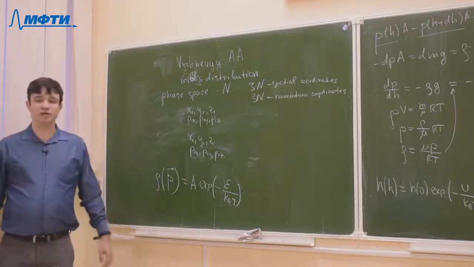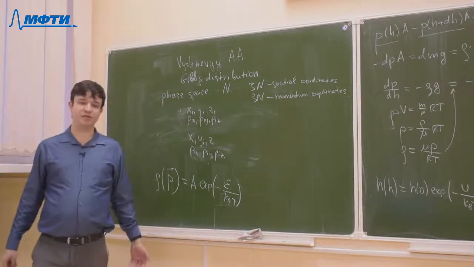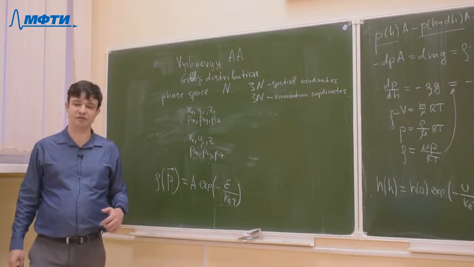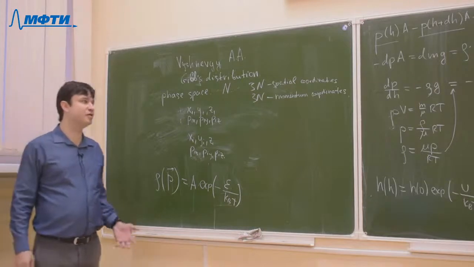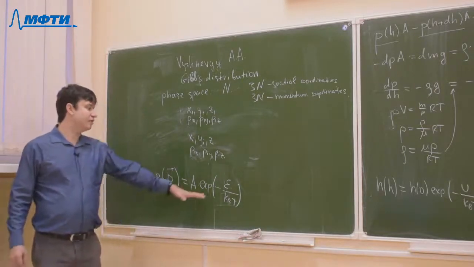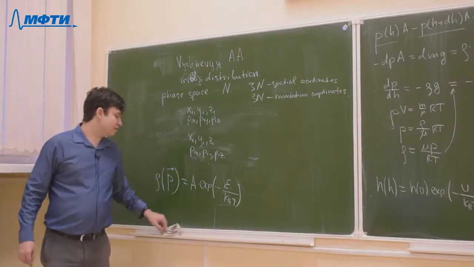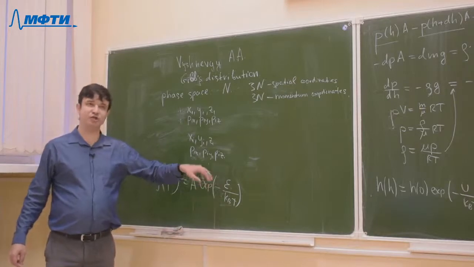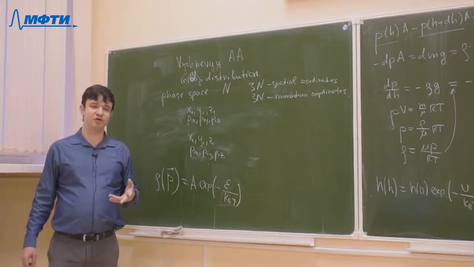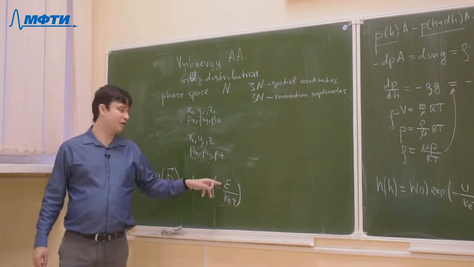Please note that in the Gibbs distribution, I do not state explicitly whether my molecules or atoms have interaction with each other or don't have. It actually doesn't matter. As long as interaction is not too strong, I can say that this probability distribution is valid. So I have this distribution for a full energy, which includes kinetic energy of molecules, potential energy of molecules, and also an energy of interaction of molecules in between each other.